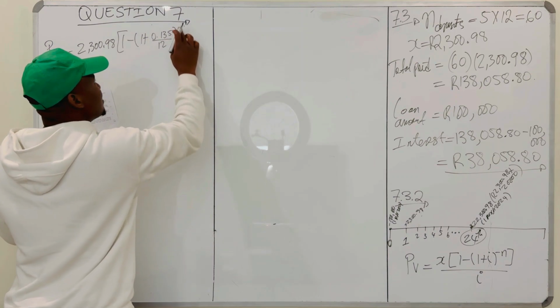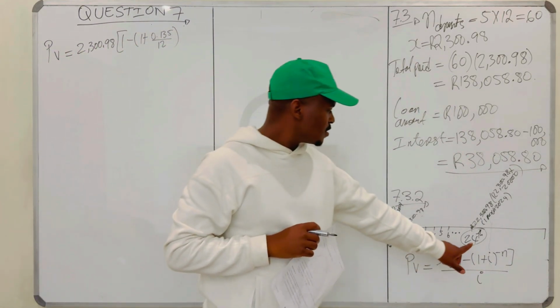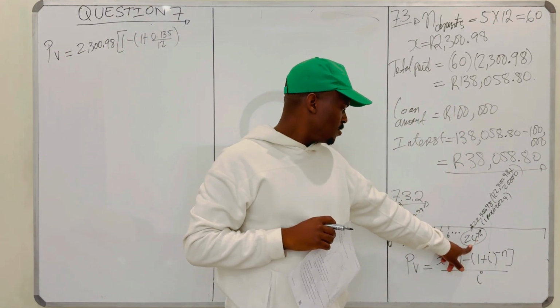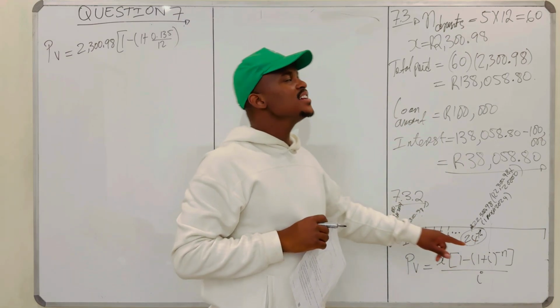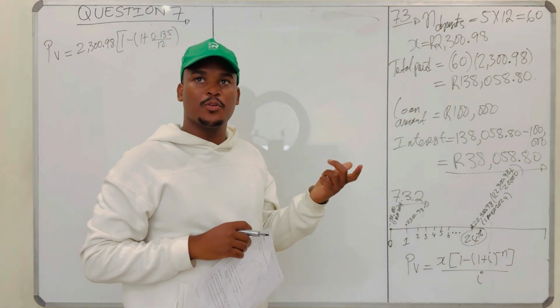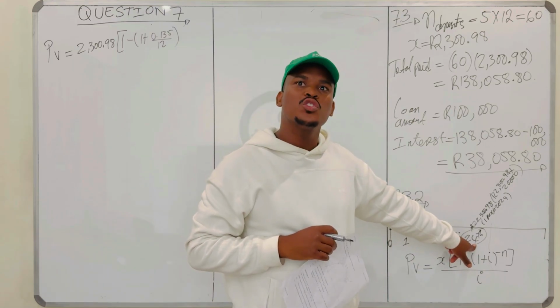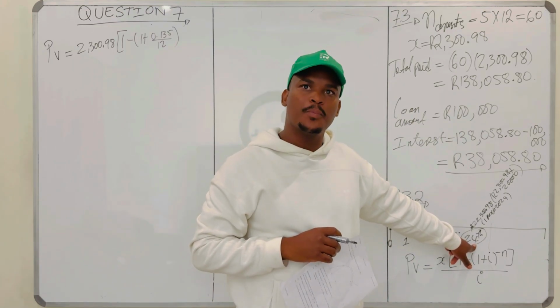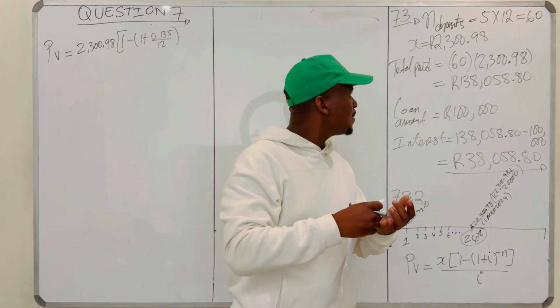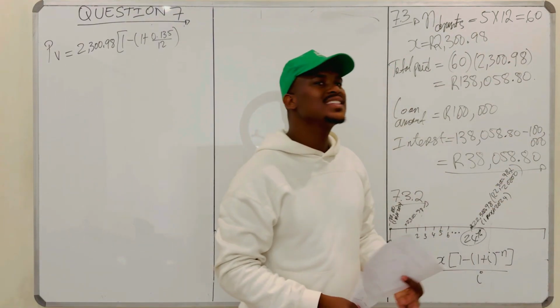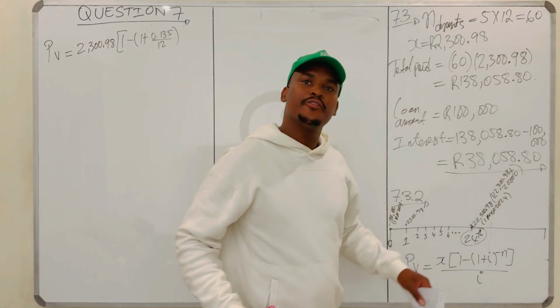Raised to negative n. What is n? We want the balance of the loan here. n is the number of outstanding deposits, not the number of deposits made into the account, which is the number of remaining deposits. This person is supposed to make 60 deposits and has made 24 so far.